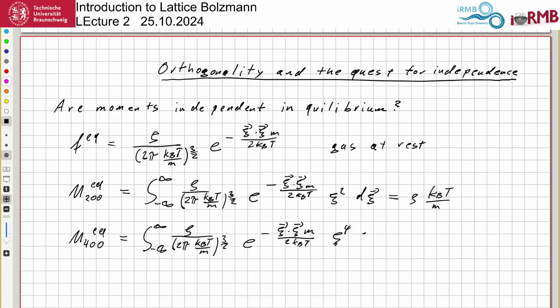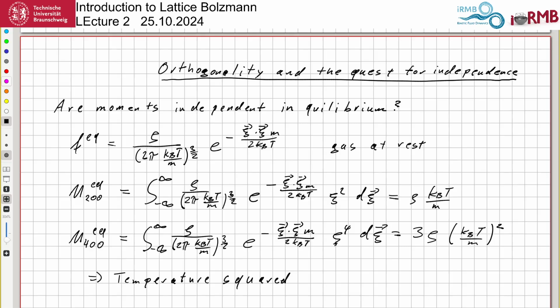Again, this is without vector. I let Mathematica do this, and what comes out is 3 rho k Boltzmann T divided by m, squared. So what we basically get is the temperature squared.